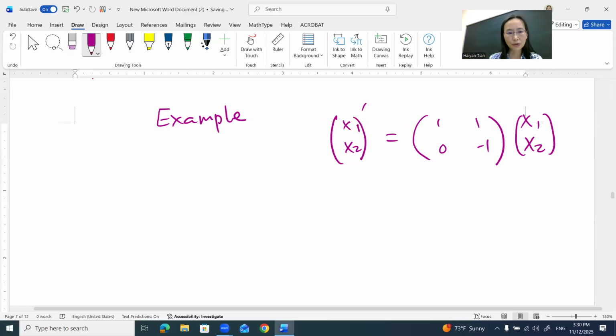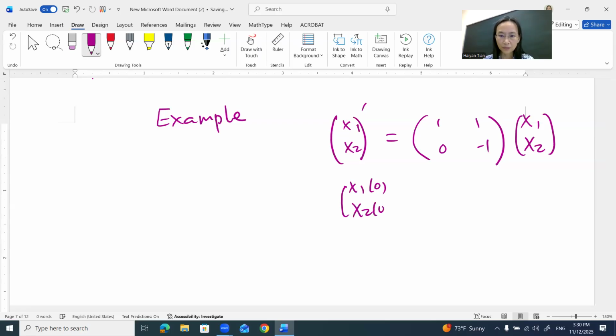All you need is to determine the two columns, right? You first give this matrix and then let the initial data be given as 1, 0.